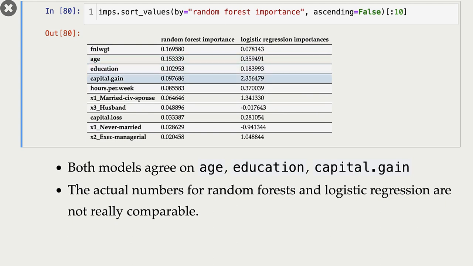But this particular feature, for instance, fnlwgt, according to random forest, it is an important feature, but according to logistic regression model, it's not that important. And also note that these actual numbers for feature importances, they are not really comparable. So if you look at actual numbers for random forest versus actual weights for logistic regression, you shouldn't really be comparing these numbers.